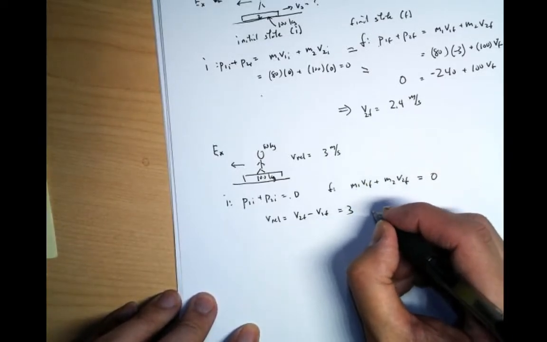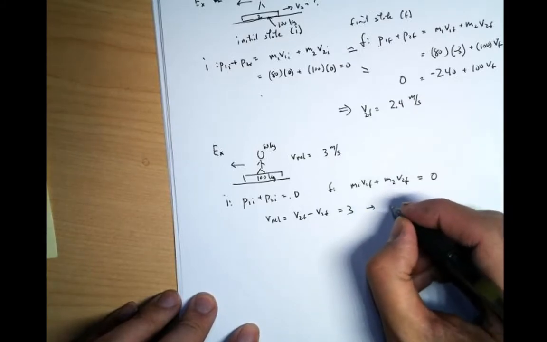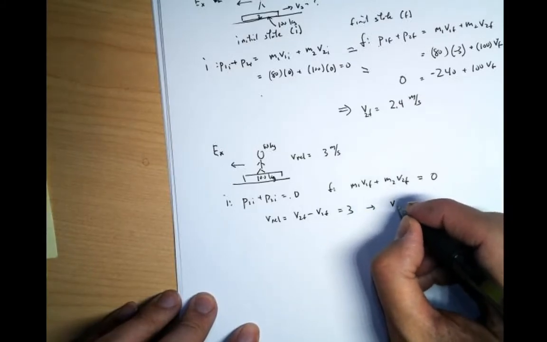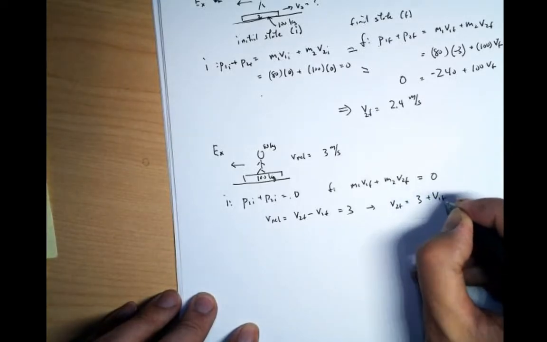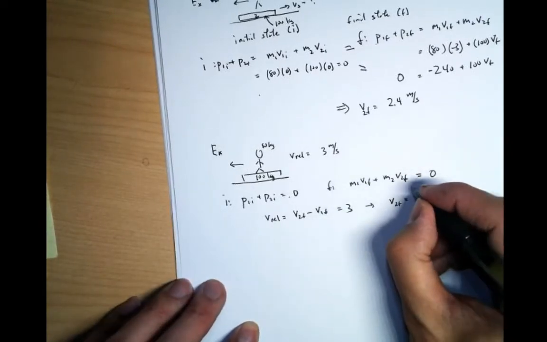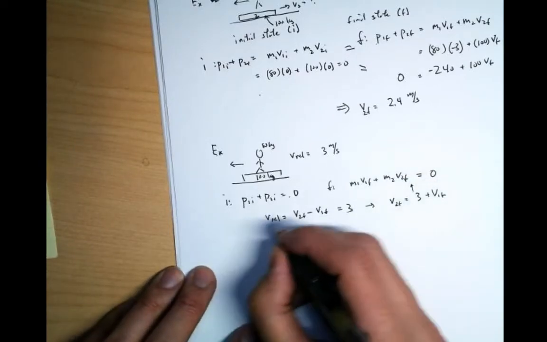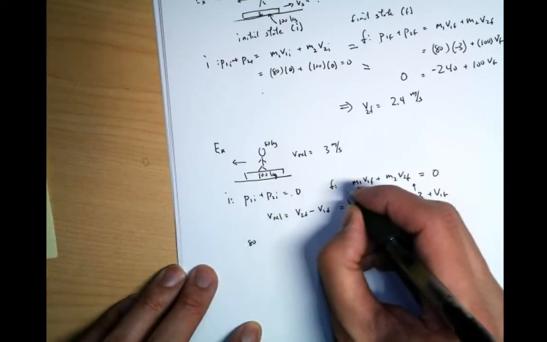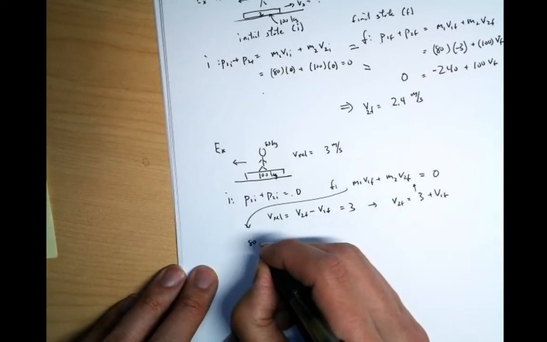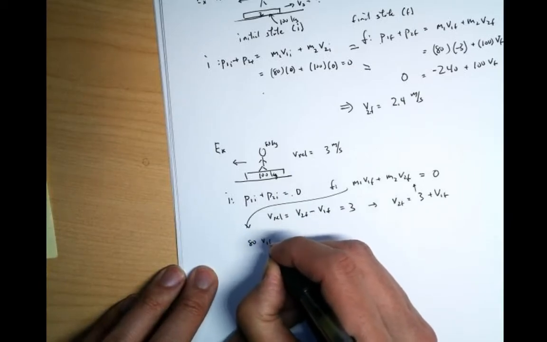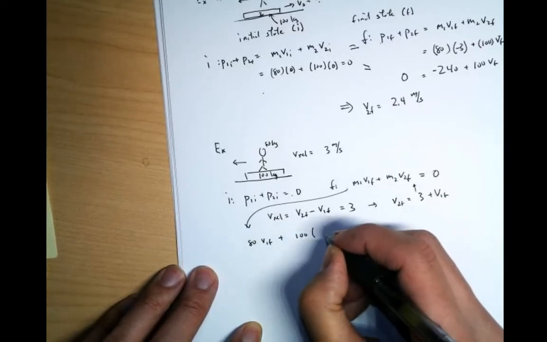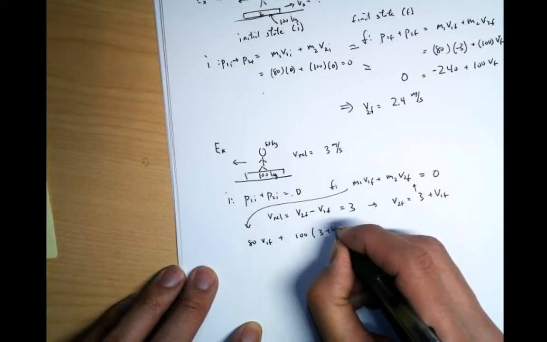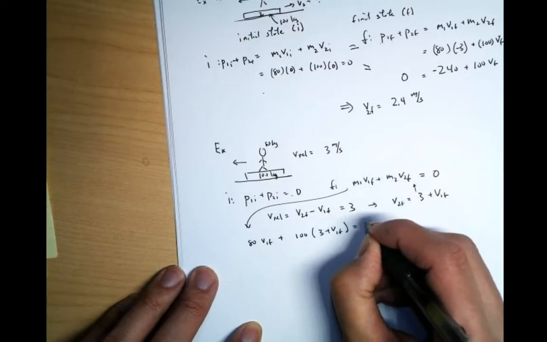So I'm going to set this up. That means that I'm going to solve v2f is equal to 3 plus v1f. I'm going to plug that into here. Let's plug everything in. So m1 is 80, 80 v1f plus 100 times (3 plus v1f) is equal to 0.